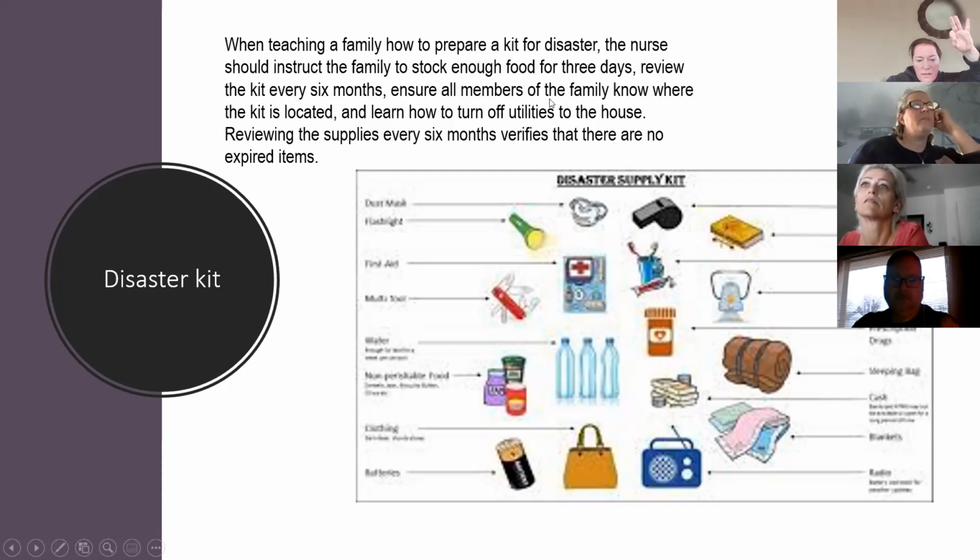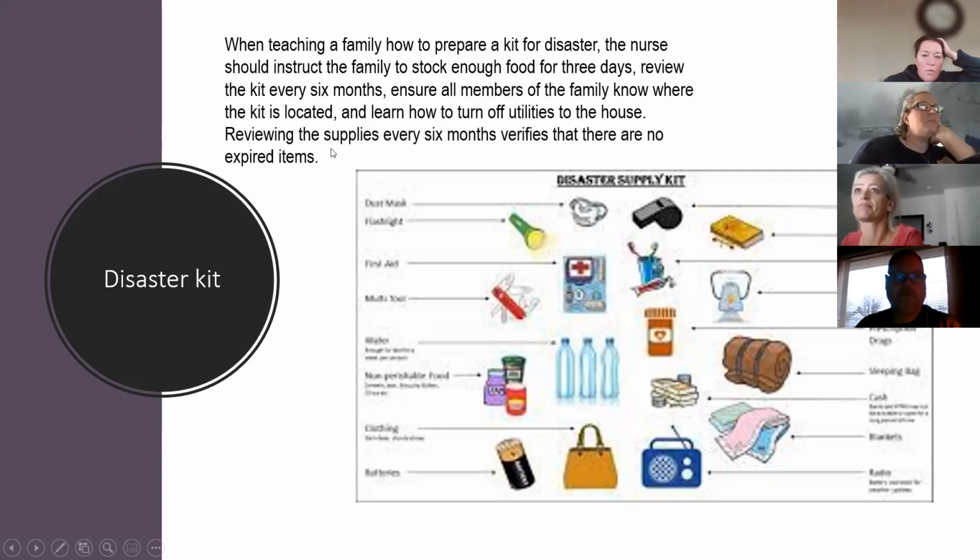Don't tell me it's food for 6 months, because your emergency kit would be bigger than a huge container of, I don't even know what I store my Christmas goods in. So I want you to remember, we're not doing 6 months of food, because it would go bad. And then ensure we know where it is and how to turn off our utilities.